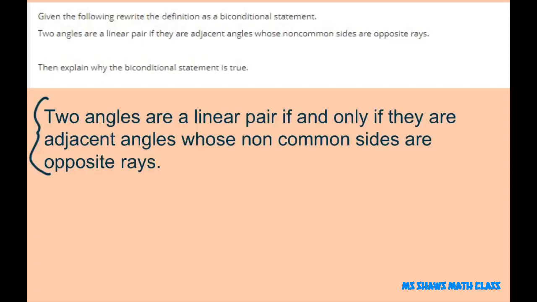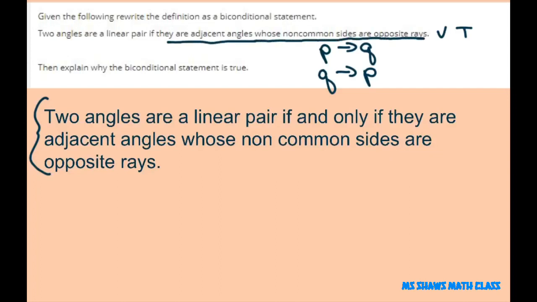So if I say if P, then Q, which is this statement, and that statement is true. And if I write it as if Q, then P, so that would be: if two angles are adjacent angles whose non-common sides are opposite rays, then the two angles are a linear pair.